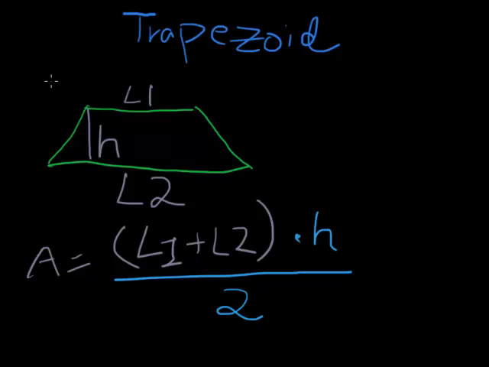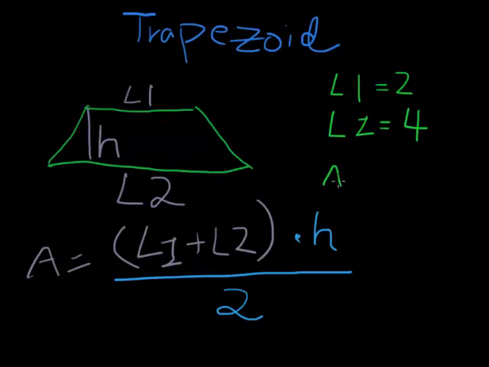Right, and if you don't believe me, convince yourself. Alright, so let's say this trapezoid has L1 equal to 2, and L2 equal to 4.